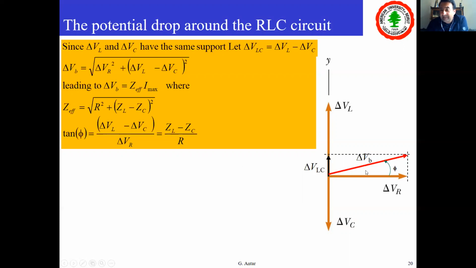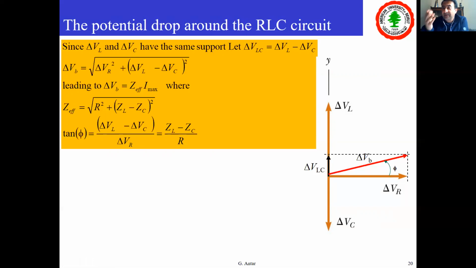Now, for the phase phi, tangent of phi equals delta VLC divided by delta VR. Delta VLC is delta VL minus delta VC, divided by delta VR. Once again, delta VL is equal to ZL Imax, delta VC is equal to ZC Imax, and delta VR is equal to R Imax.